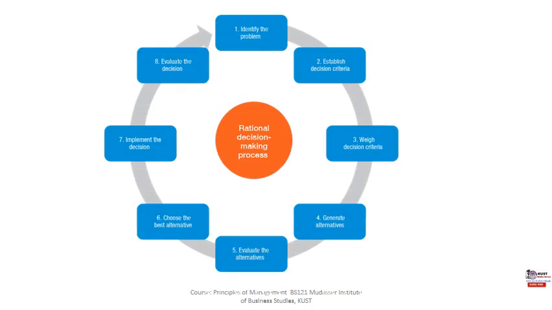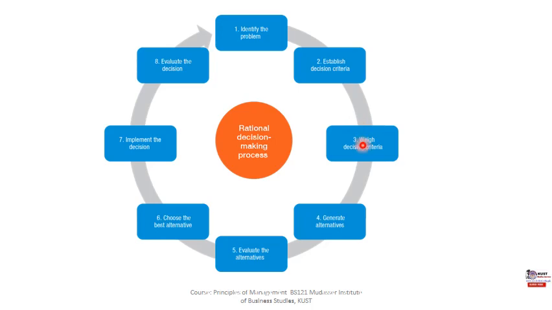So here is the complete set of steps that are taken in a decision making process. The first step is the identification of the problem. In this step, we try to dig out what the problem is through the symptoms available. In the second step, we establish the decision criteria.